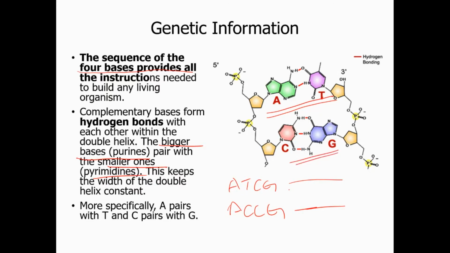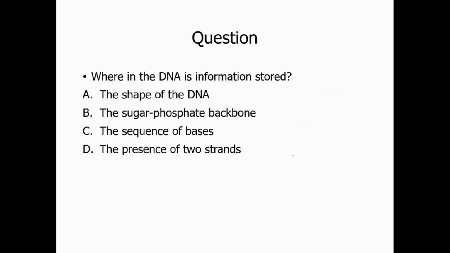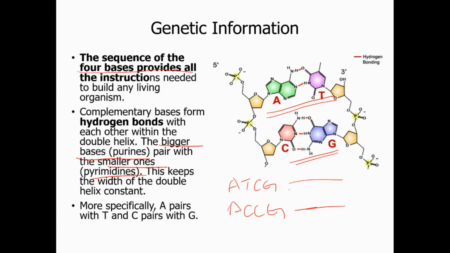Over here, G is a purine, and C is a pyrimidine. So you always have a small and a large base pairing up. That keeps the width of the double helix constant, so you have the same width throughout the DNA molecule.